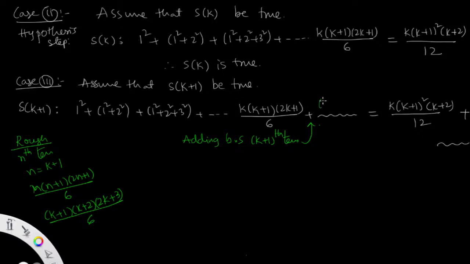Now here adding (k plus 1) into (k plus 2) into (2k plus 3) divided by 6.